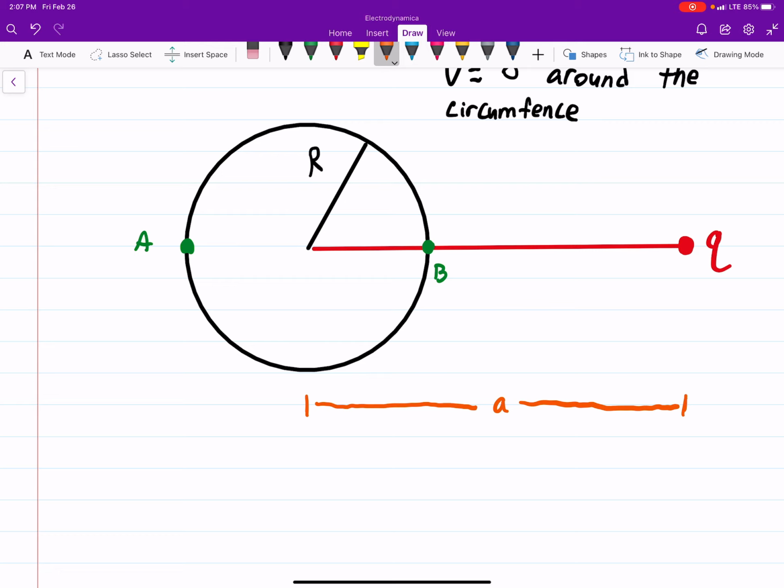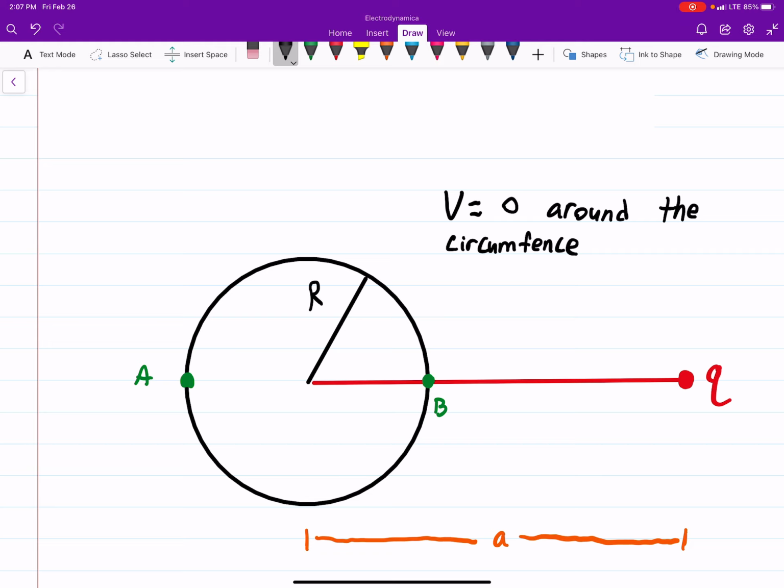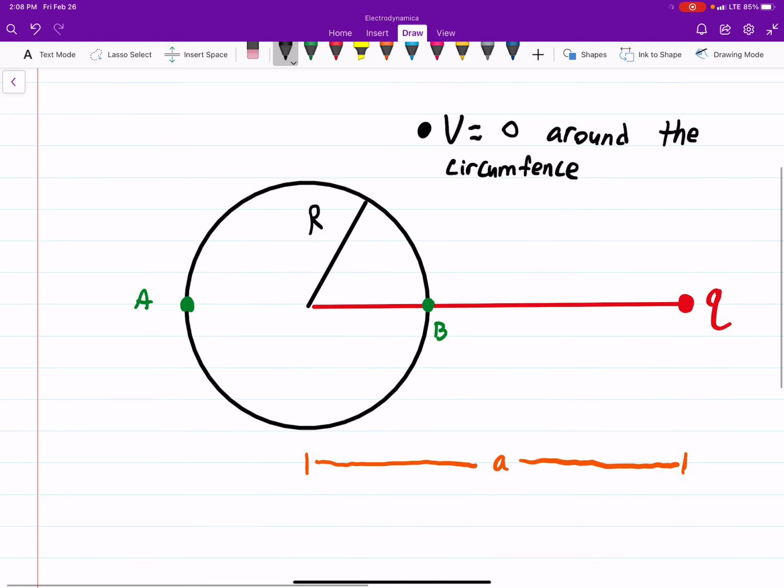Now, one of the interesting things with the method of images, which is what we're using here because we have a conductor, in other words, a potential of 0 around the circumference, is that you can disregard the circumference if you place an imaginary charge in such a way that it mimics the conductor itself.